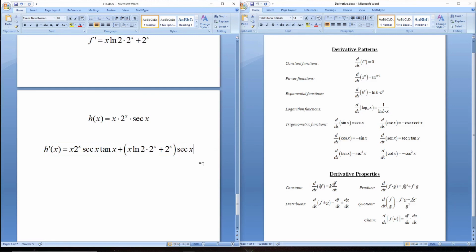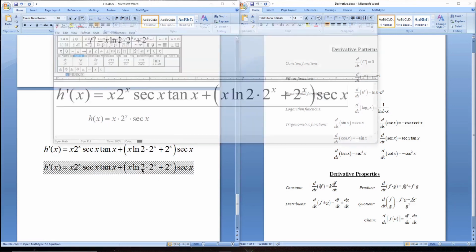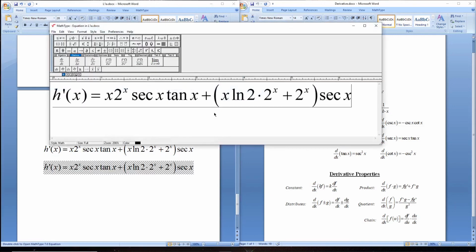We could do a little bit of gathering terms here. Since all the terms, so there's a 2x here, 2 raised to the x here, 2 raised to the x here, all the terms have a 2 raised to the x that we could factor out. And all the terms have a secant x.